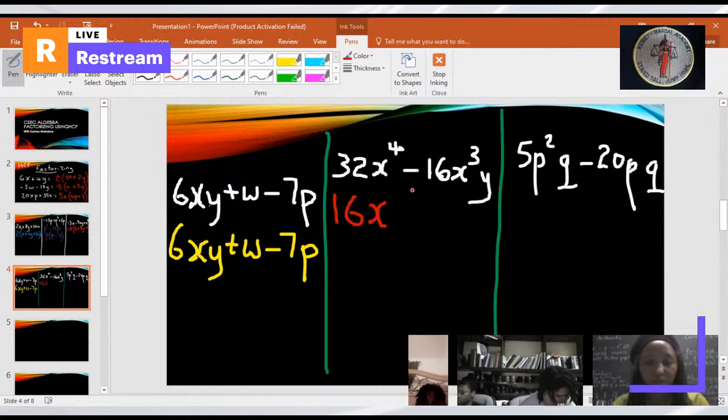Is it x to the fourth power? What's the power of the x in the terms? Miss, wouldn't it just be 16x squared? No. Squared isn't the highest power of x that can go into those terms. What you say, Imani?